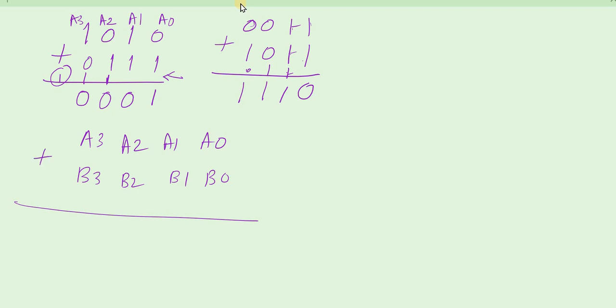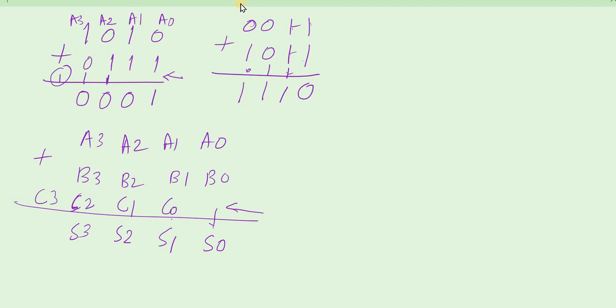When A0 and B0 are added, there is no carry from behind, so this will generate the sum S0 and carry C0. This C0 carry has to be added with A1, B1. It will generate S1 and carry C1. This will generate sum S2 and carry C2. This will be added to generate sum S3 and carry C3. And the ultimate answer will be C3, S3, S2, S1, S0 is the addition.